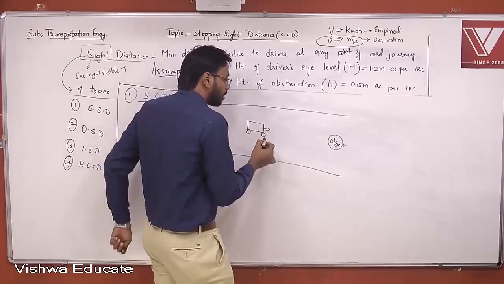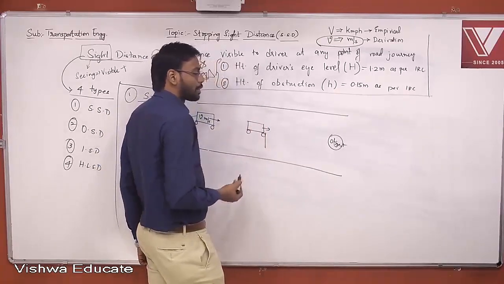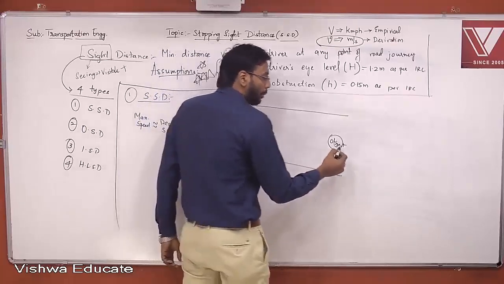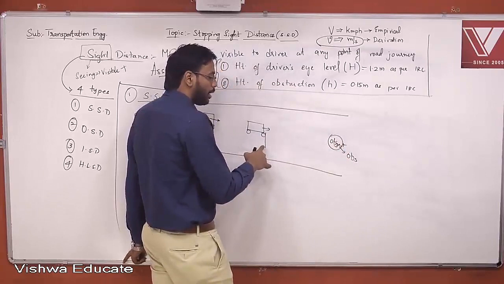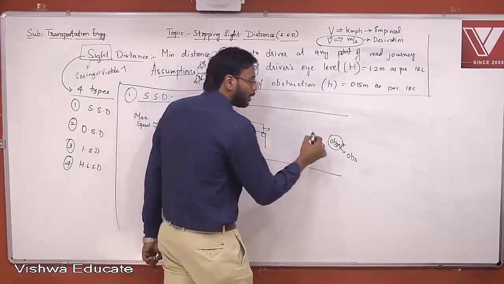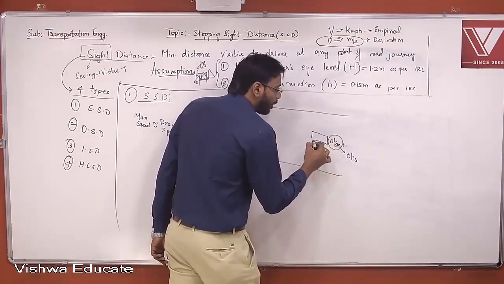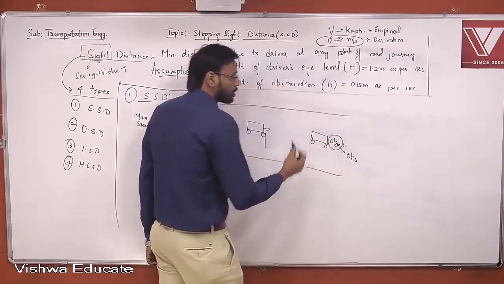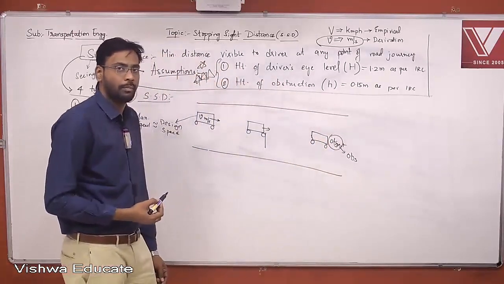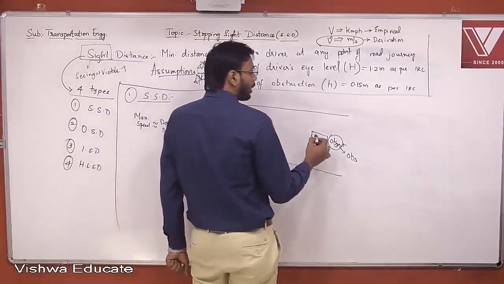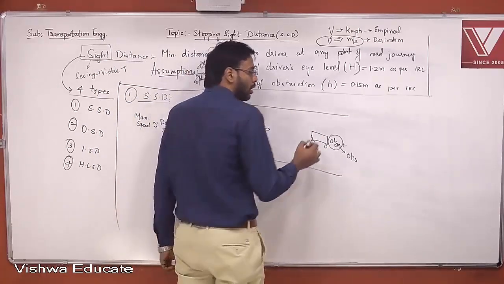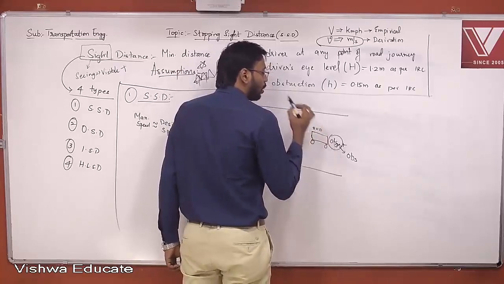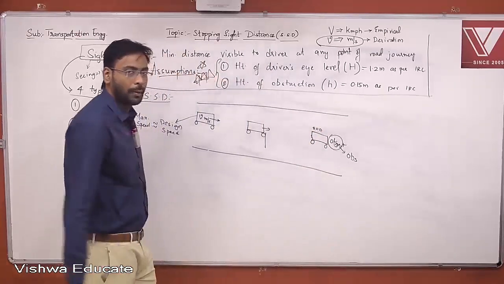So as I thought that this would be an obstruction, I applied my brake here and stopped my vehicle without hitting it. So here the vehicle has been stopped. What would be the velocity of my car? Obviously the vehicle has stopped, so the velocity would be 0.